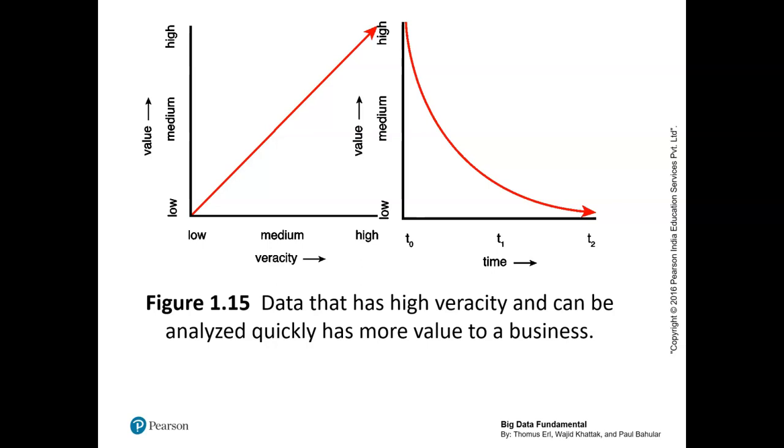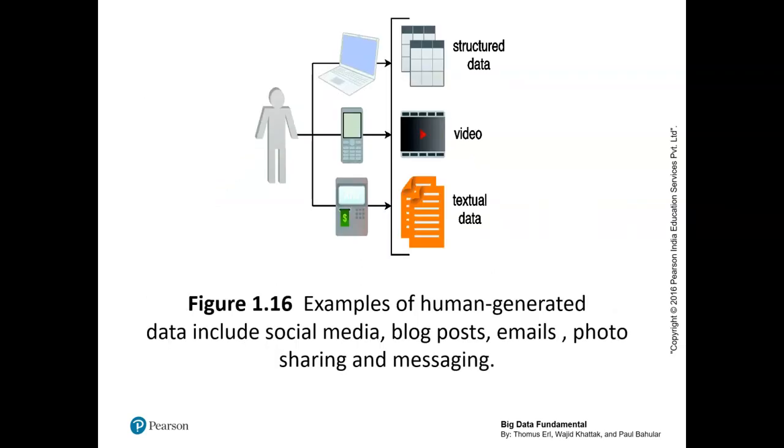Data that has high veracity, and can be analyzed quickly, has more value to the business. So this is graphically how the veracity concept has been elaborated. Examples of human-generated data include social media, blogs, posts, emails, photo sharing, and messaging.